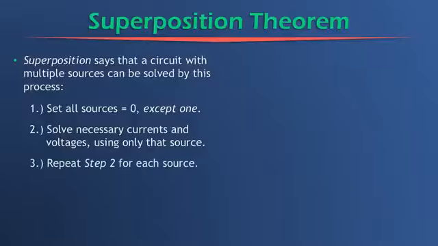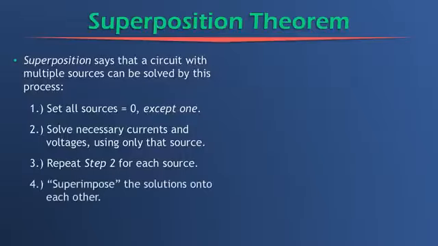And then you want to repeat step 2 with the next source, and then the next source, and however many sources you have. And then at the end you want to, quote, superimpose the solutions onto each other, basically the sum of all of the solutions.